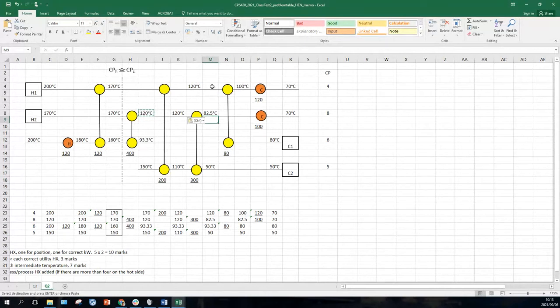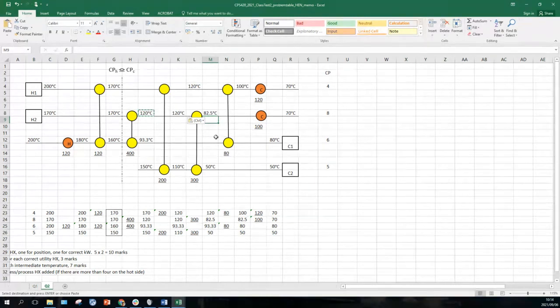What are we going to exchange with? We've got 120 degrees C on this stream, and this one is 93 degrees. So that's a possible match. It's far away from the pinch. So we can make that, but we wouldn't be able to make it over here.